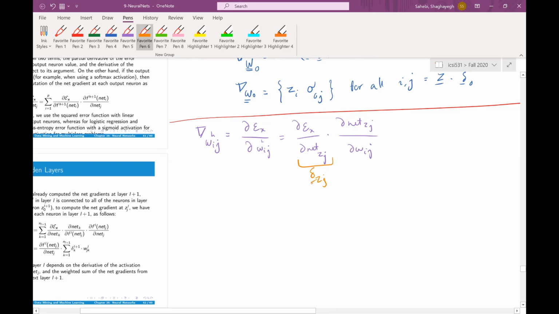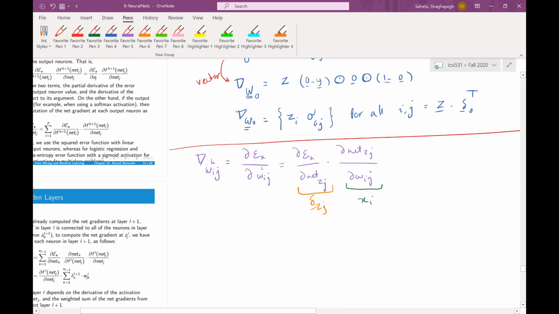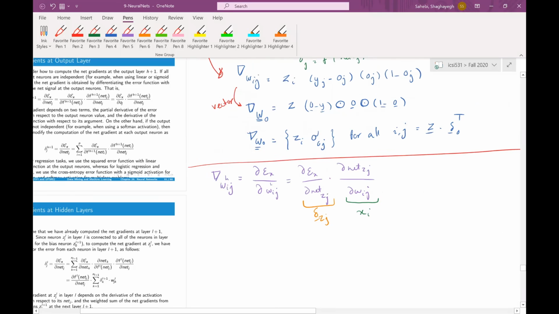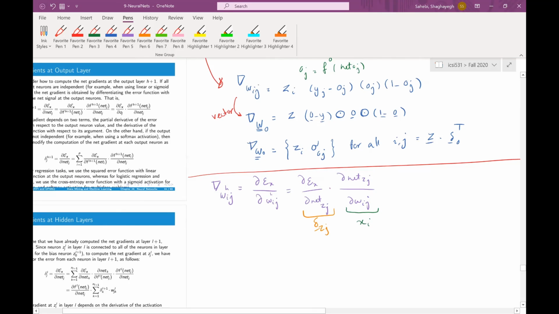And then the net Zj with respect to Wij is basically going to be xi, because we know that when we have just one layer, our net Zj is a combination of Wij's multiplied by x's, right?